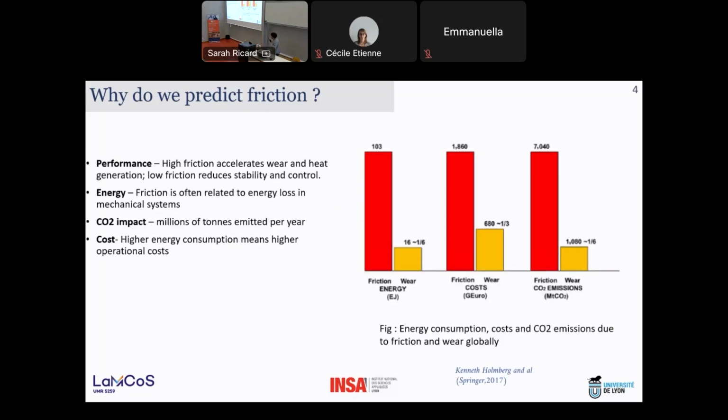Other reasons can be seen here in the graph, where we have significant values of energy loss, amount of money spent, and CO2 emissions. So better understanding friction could help us reduce these numbers and improve our systems' efficiency and lifespan.